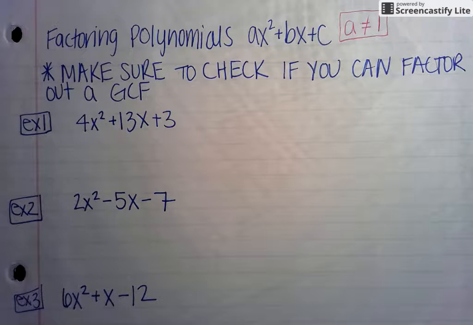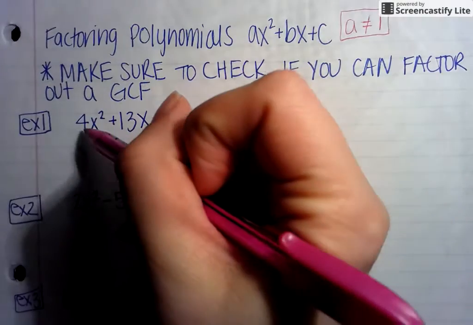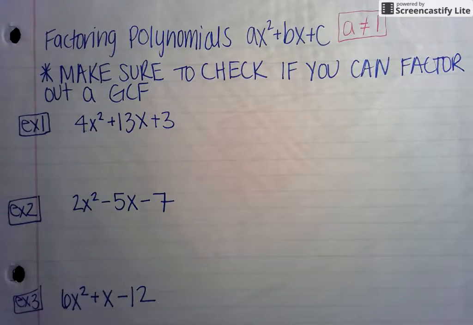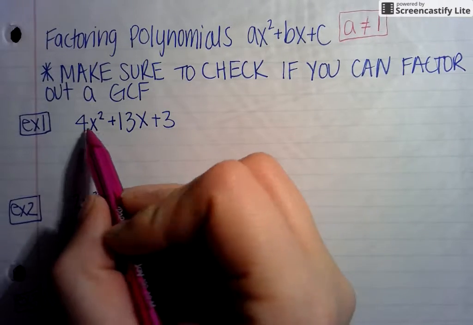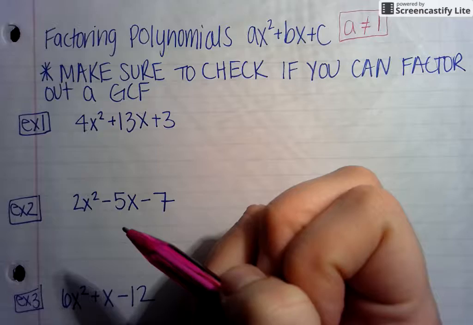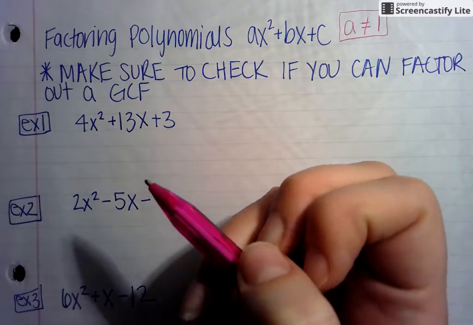Now, this first example is 4x squared plus 13x plus 3. To figure out how to solve these, you notice that a is not equal to 1. It's actually greater than 1. So I'm going to look at my a terms and my c terms, and I'm going to find the factors for my a and my c terms.